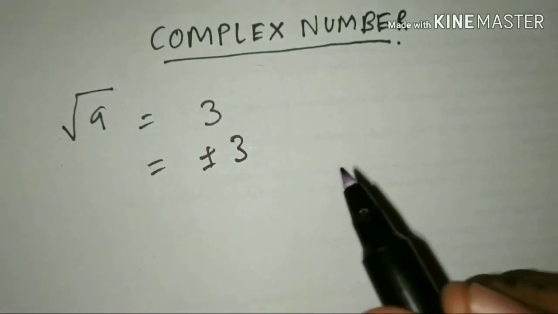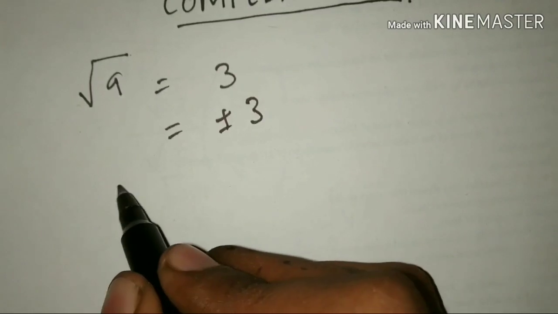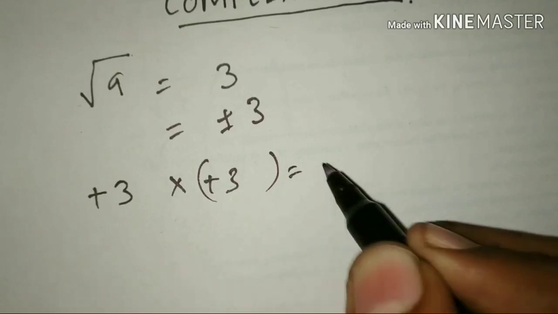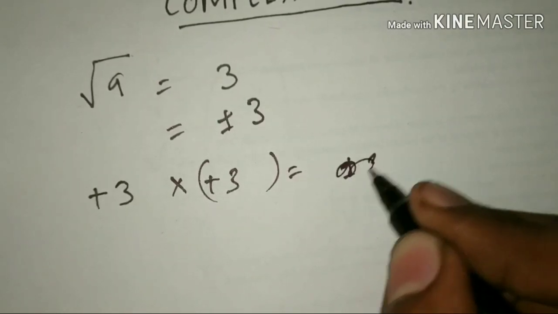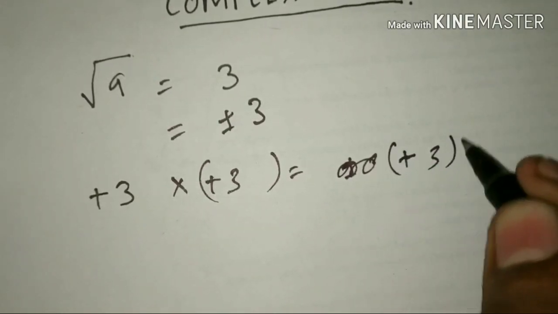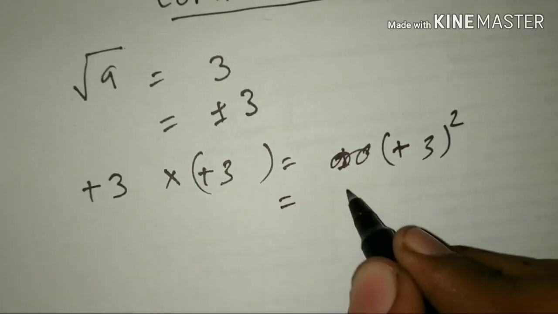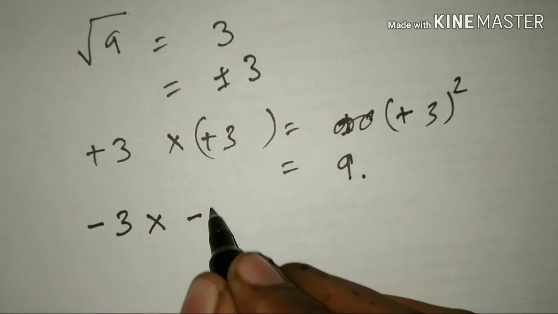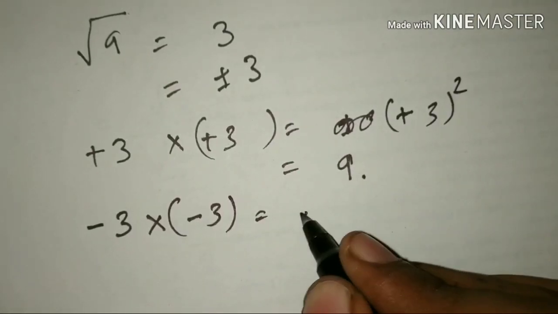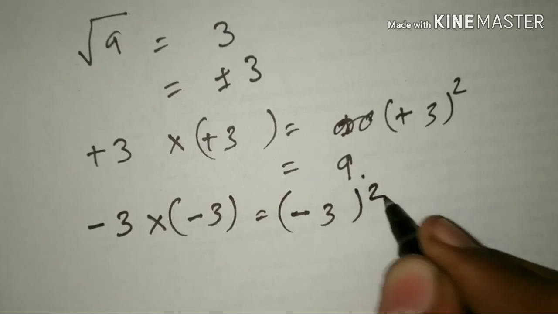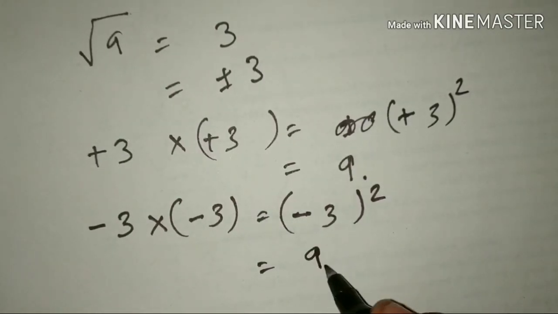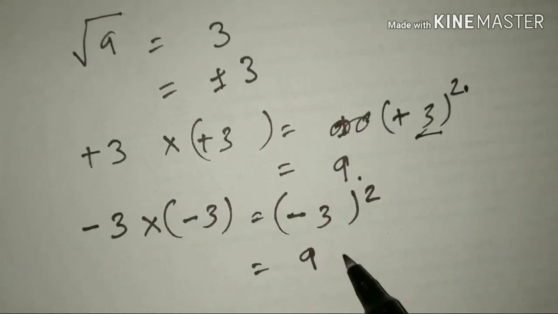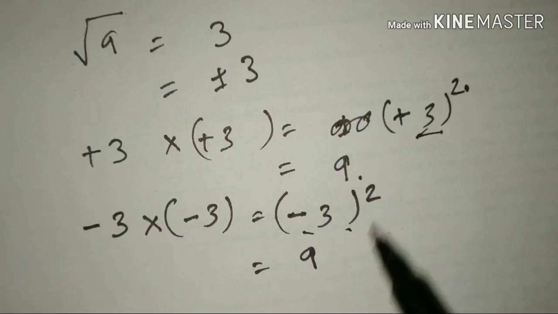Now that's a little bit confusing, but if you see that plus 3 into plus 3 is, we write it as plus 3 the whole square, that is 9. But minus 3 into minus 3 is also equal to minus 3 square, equal to 9. So plus 3 square is 9 and minus 3 square is also 9.